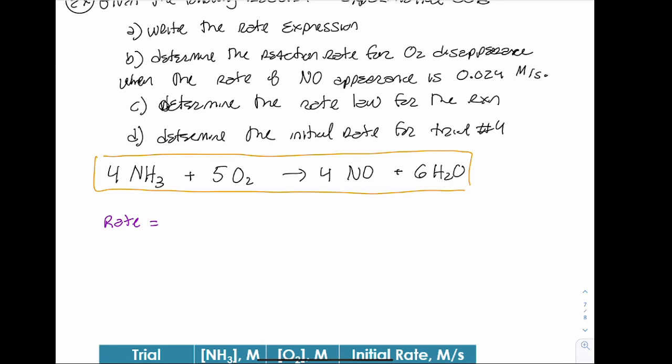I'm just gonna go left to right, but if you wanna mix them up, by all means, go for it. So change in concentration of NH3, ammonia, not ammonium, over the change in time. Since I have a coefficient of 4, I'm going to put that 4 in my denominator. Because it's a reactant, I'm going to put a negative sign in front of it because its concentration decreases over time.